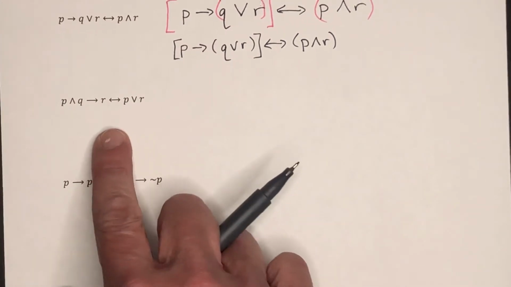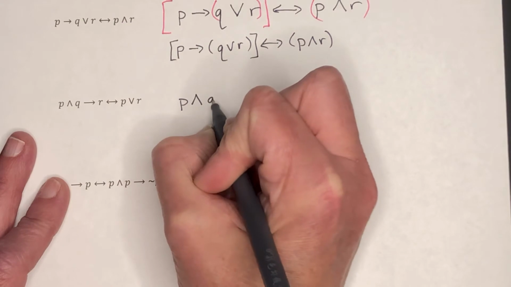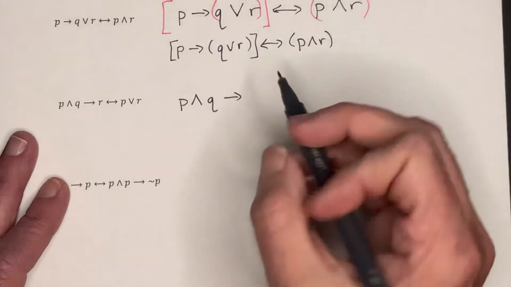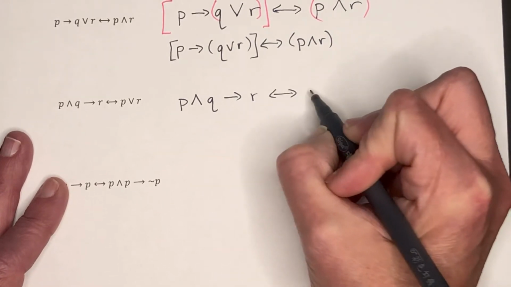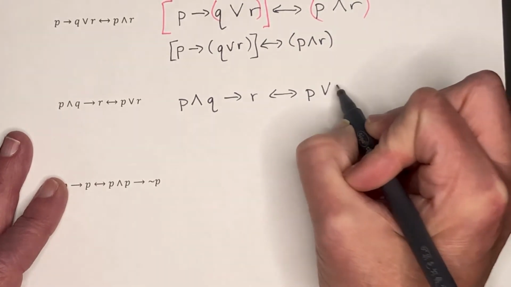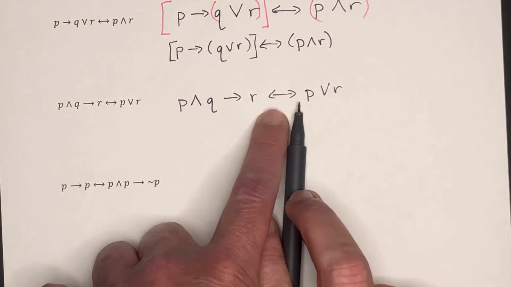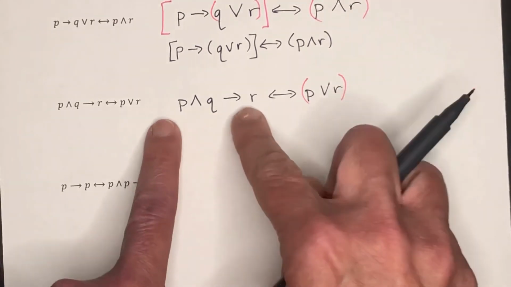Okay, let's do this one. P and Q, if then, if and only if, P or R. Okay, again, I see this biconditional, so I'm going to group this side together and this whole side together.